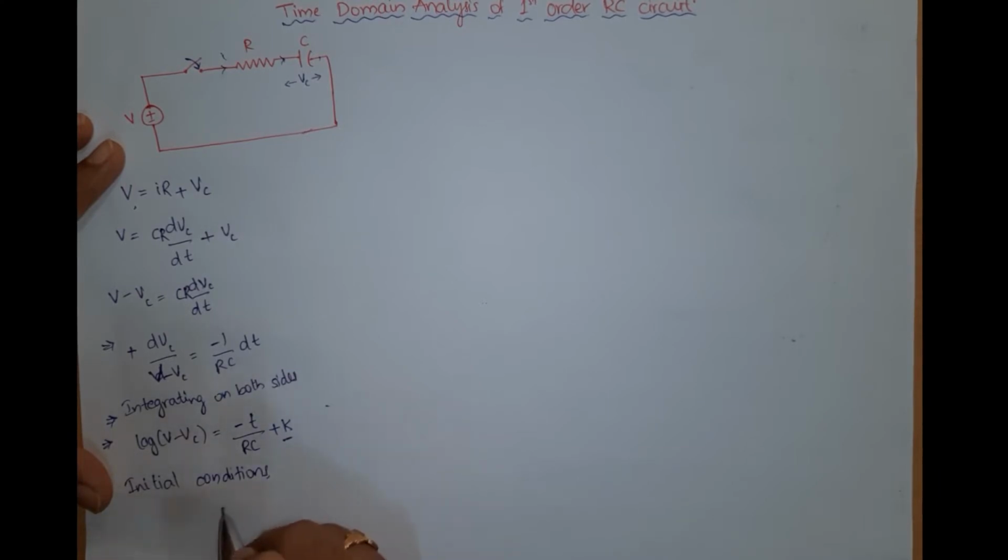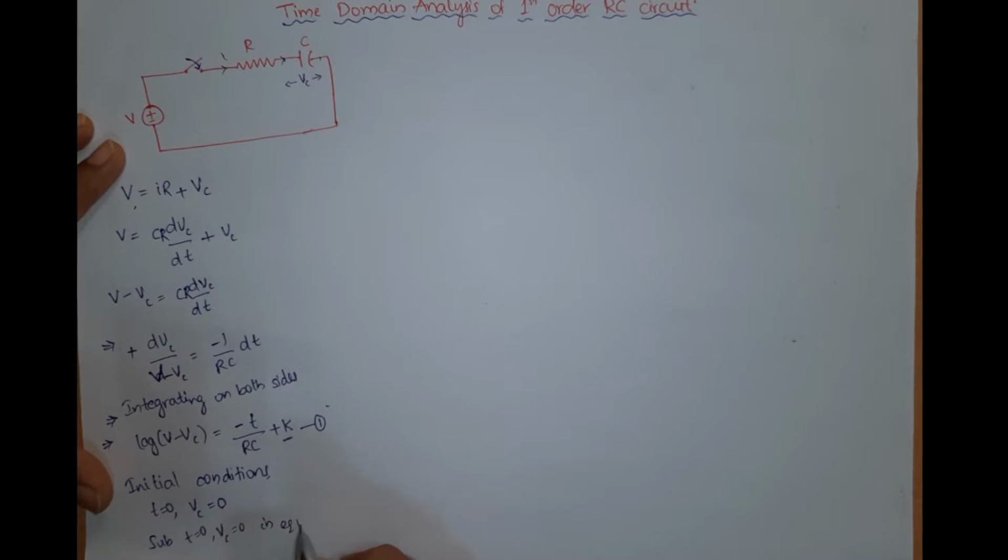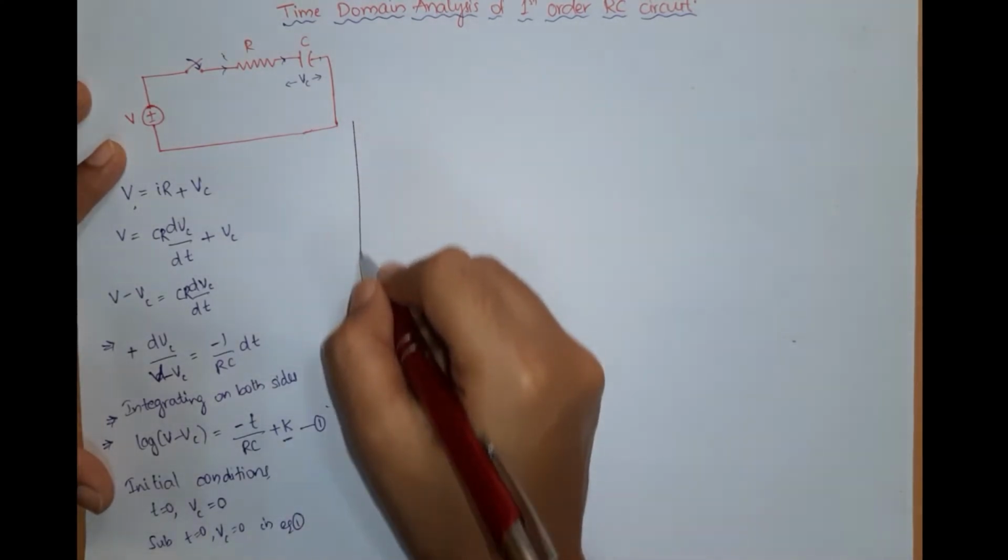What are the initial conditions here? At time t equals 0, the voltage across the capacitor was 0. So substituting t equals 0, Vc equals 0 in equation 1, what will we get?